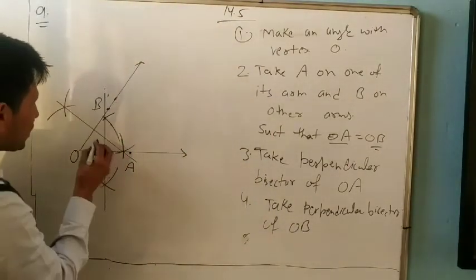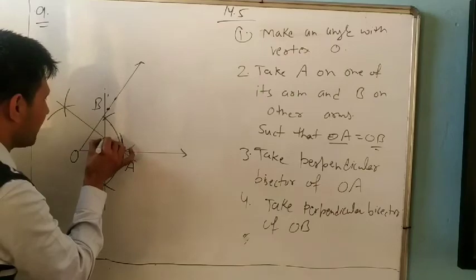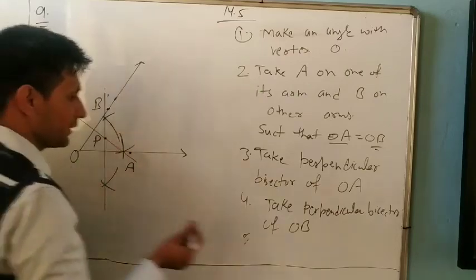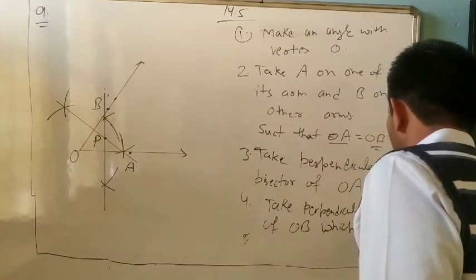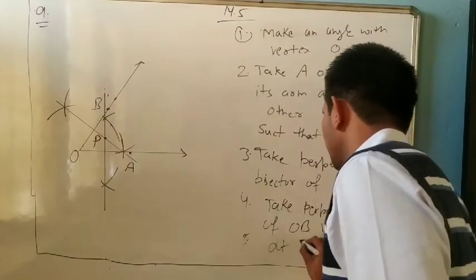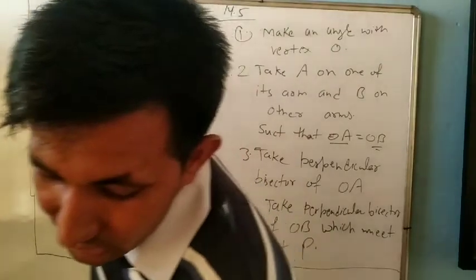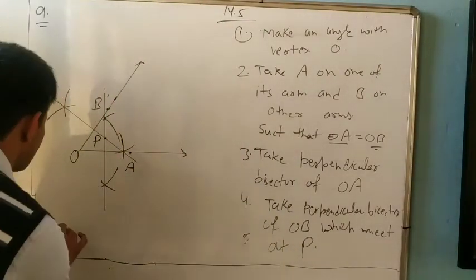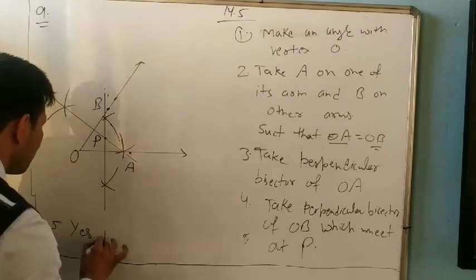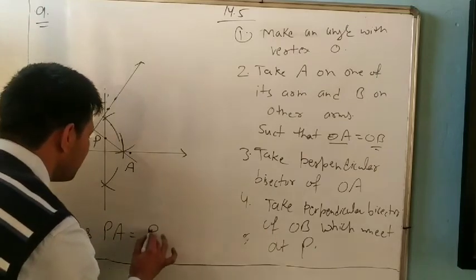Next, let them meet. Where are they meeting, both perpendicular bisectors? At a point P, which meet at P. So next is given, is PA equal to PB? So in the fifth step you will write yes, PA equals PB.